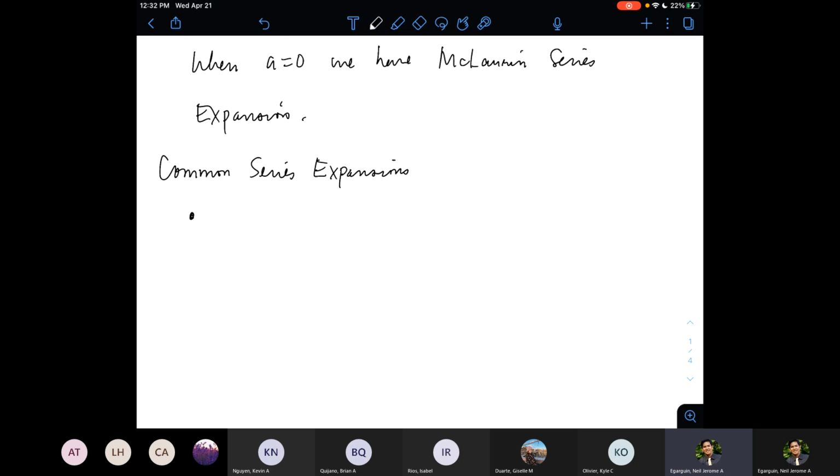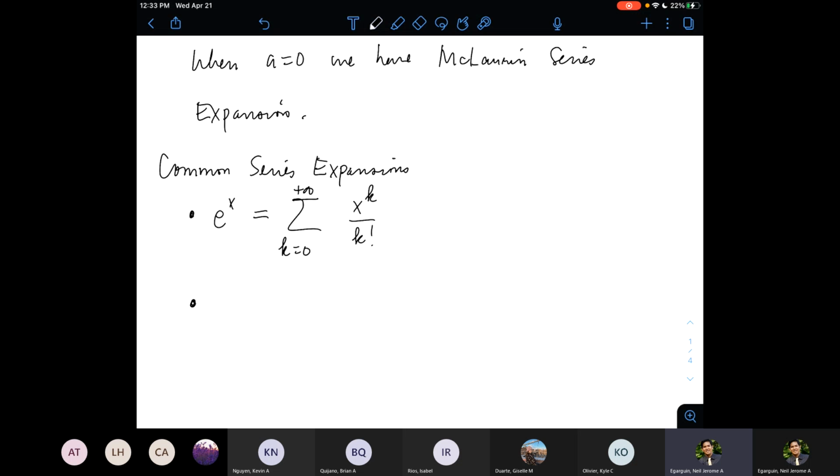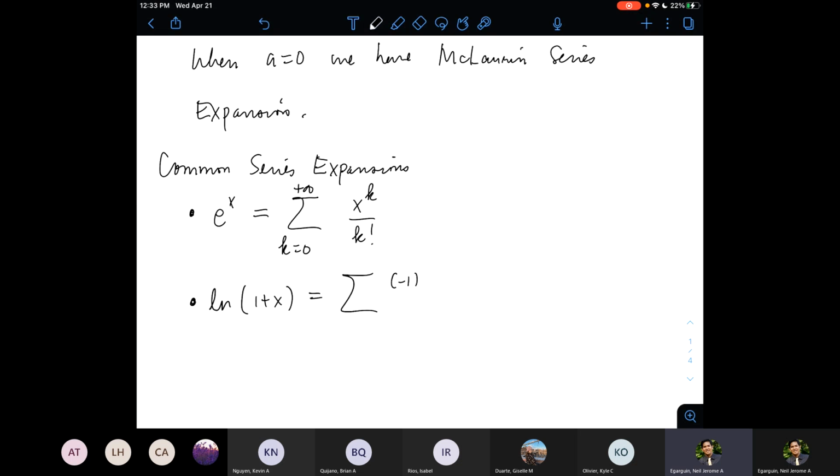All right. So first is e to the power x. The series expansion for e to the power x is x to the power k over k factorial, k going from 0 to infinity. So it will help a lot if you remember these things. And then from our solutions earlier, we knew that ln of 1 plus x has series expansion negative 1 to the power k, x to the power k plus 1, all over k plus 1, from 0 to infinity.